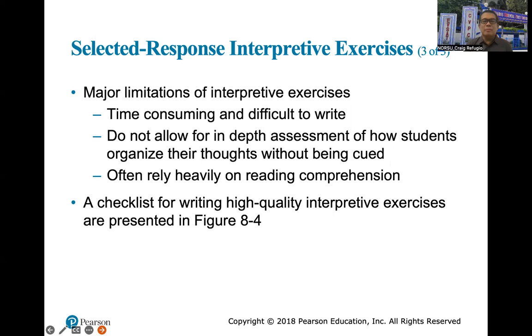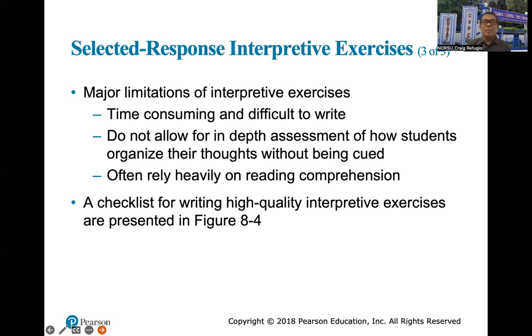Major limitations of interpretive exercises. It's time consuming and difficult to write. The way you construct graphs, maps, tables, or charts takes a long time, and it's difficult to write those items, especially making sure all are addressing higher order thinking skills. They do not allow for in-depth assessment of how students organize their thoughts without being cued.